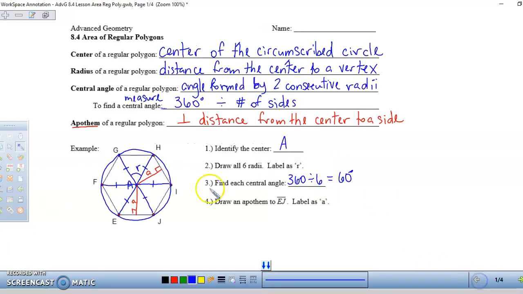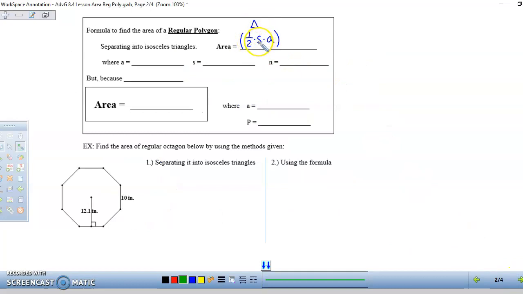Looking at this picture, this triangle here has a perpendicular height of A, and the side length, we would just call that S, and you could do that all the way around. Side length is S, and that's the entire side length. The perpendicular height is A. So obviously the area of that triangle is 1/2 base times perpendicular height.